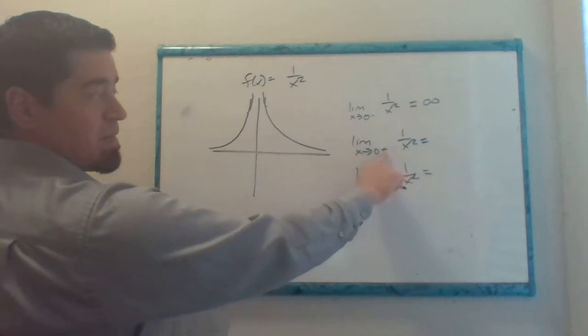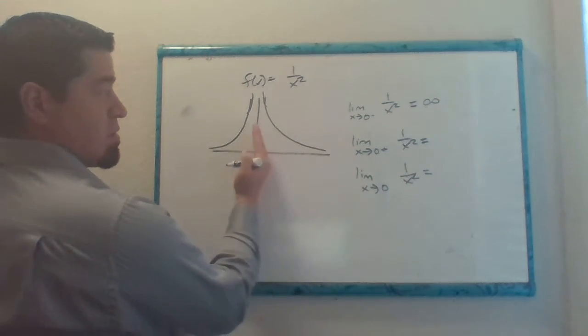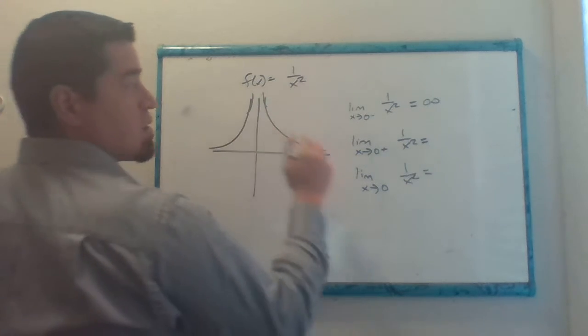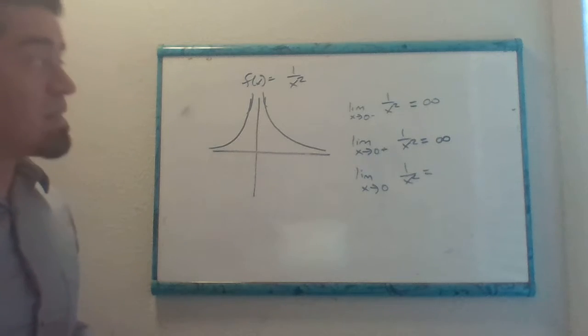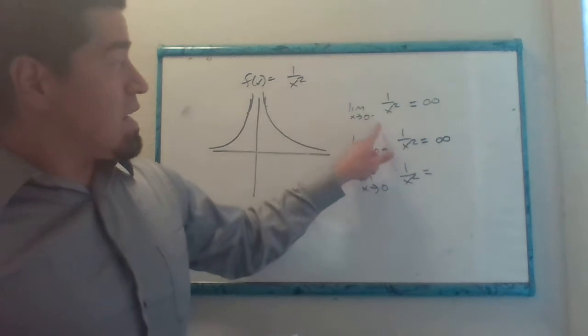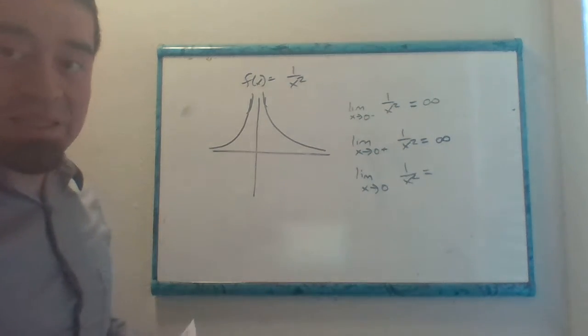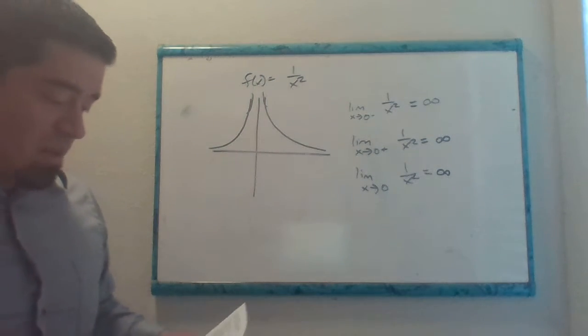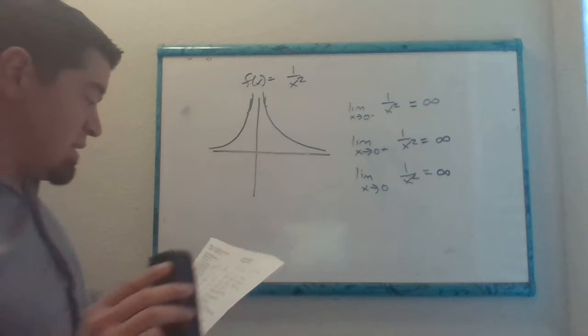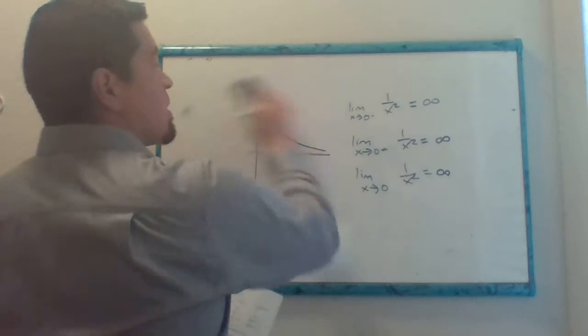From the right, because it's positive, as I go to 0, my y coordinates are approaching infinity as well. So does the left-hand limit equal the right-hand limit? In this case, yes. So that means the limit equals infinity.